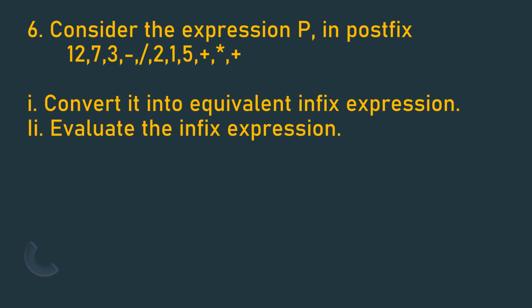Next, consider the expression P in postfix. There is a postfix expression. Now convert it into its equivalent infix expression and evaluate the infix expression. The first job is to convert it into an infix expression. Once it is converted into infix, then we can evaluate, just like simplifying. Just like you have done simplification sums at school level, like that only we can simplify.